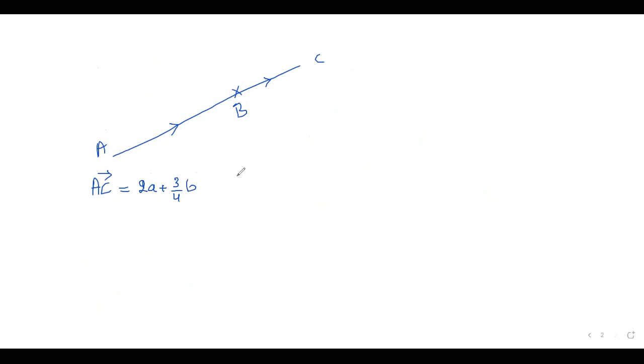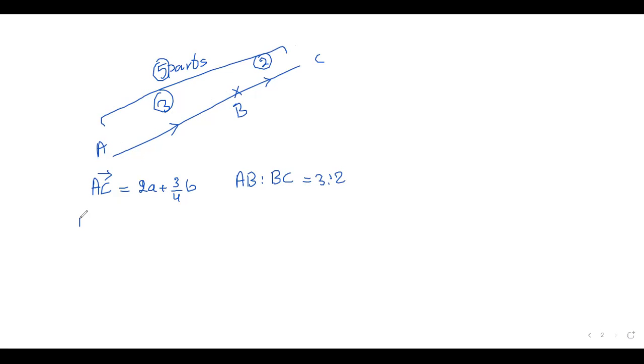If the ratio AB to BC is 3 to 2, the whole AC is divided into 5 parts: 3 shares for AB and 2 shares for BC, so 5 shares.